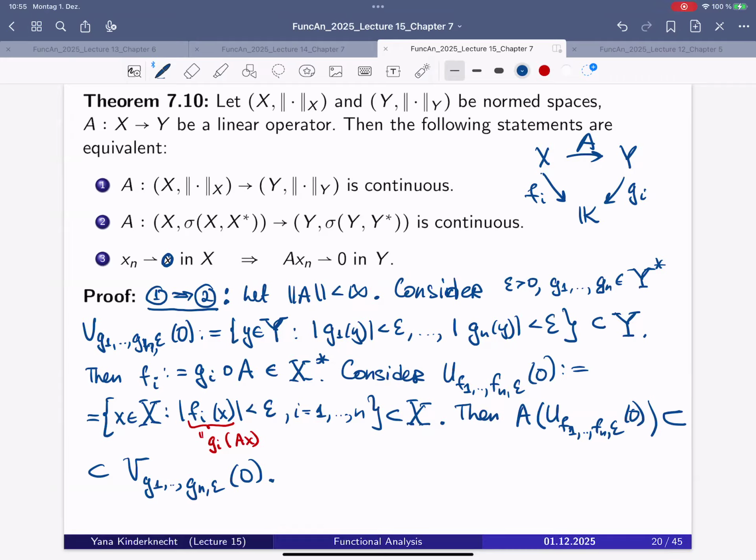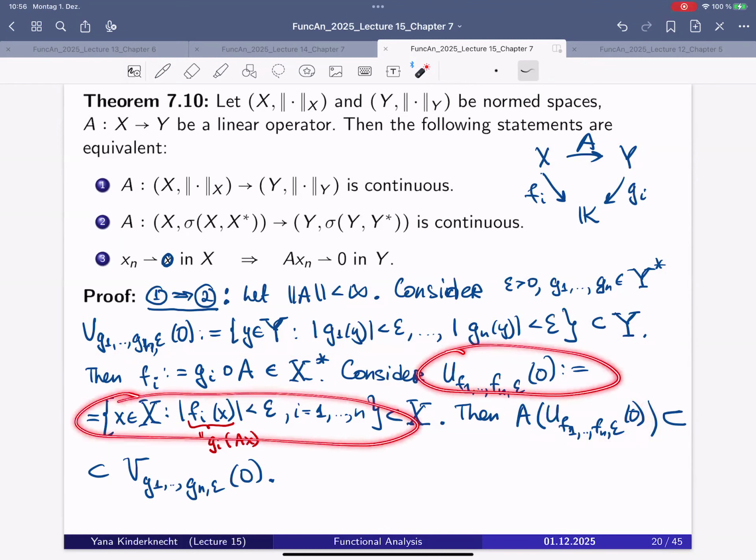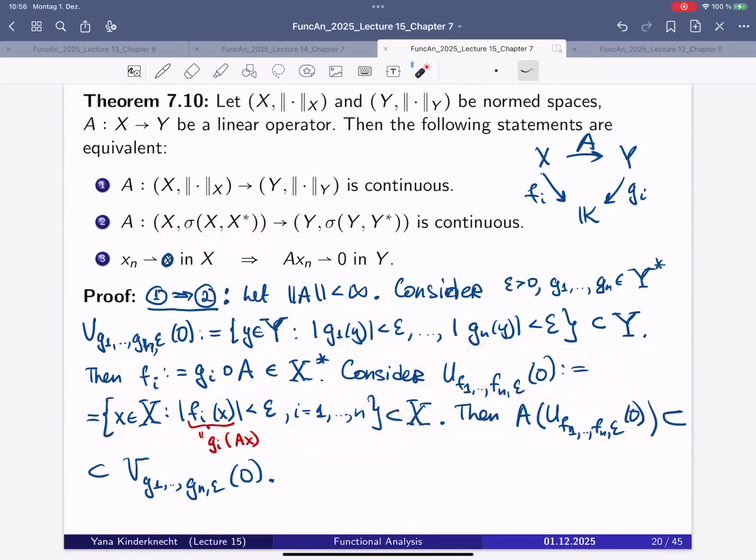So what have we shown? We have shown it only for specific basic neighborhoods, but it is enough. For an arbitrary basic neighborhood of 0 in Y, there is an open set in X, this one, an open set in this topology in X, such that the whole image of this open set in X under A lives in this arbitrarily given open set in Y. We have shown, hence, that the mapping is continuous.